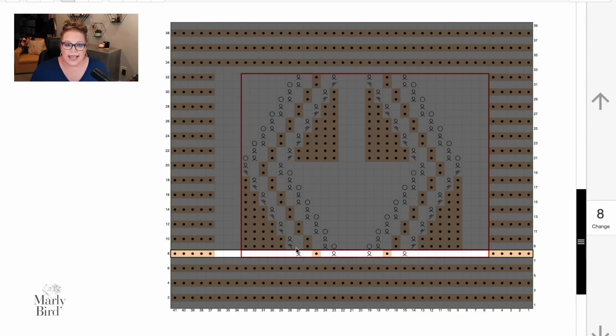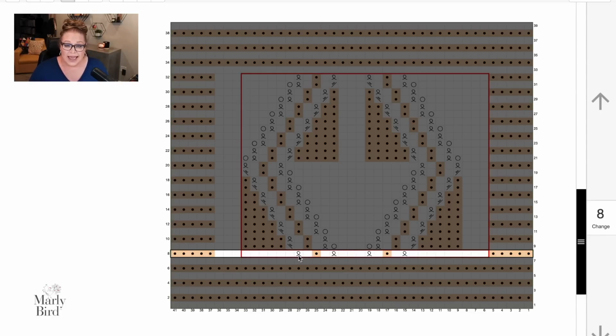But on row 8, we start on the wrong side. We begin with 5 knits, and we'll keep those knits the same throughout the entire project. We begin and end with garter stitch. But then as we get to the blank ones here, remember, we're on the wrong side. So those are all going to be purls all the way up to where we have that little loop looking thing, right? That's a twisted stitch, or a through the back leg stitch. All right.